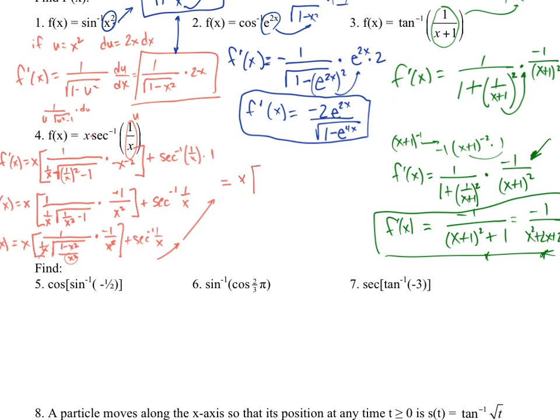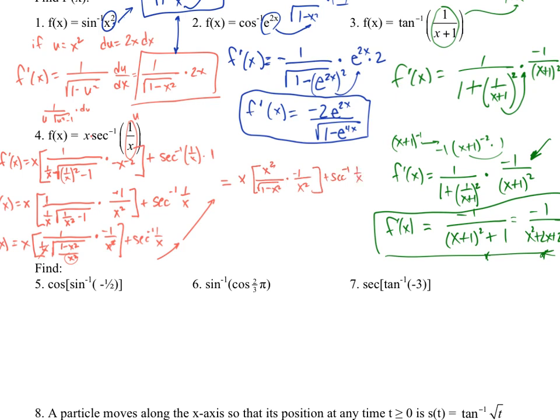x, and then you get x squared over root 1 minus x squared times 1 over negative 1 over x squared, plus this inverse secant of 1 over x.